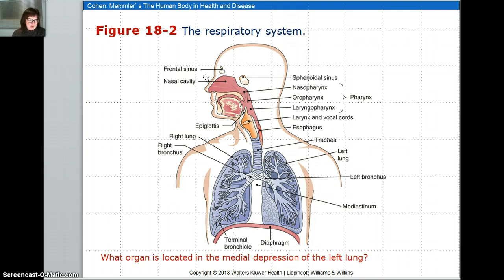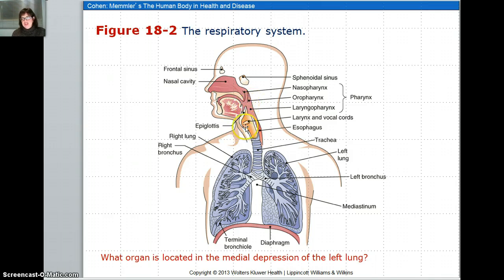So breathing through your nose, the air is warmed, moistened, and clean. Breathing through your mouth, none of that happens. Then both the nasal cavity and the oral cavity will join at the pharynx. The pharynx is a passage of both air and also food, also called the throat.